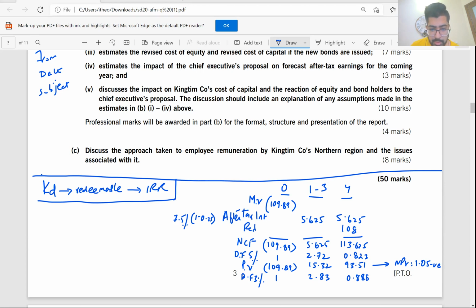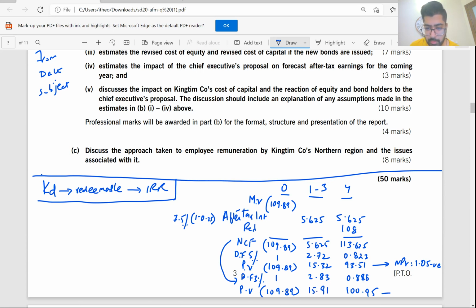So once this net cash flow is multiplied by the new discount factor, you get another present value: 109.89 negative, 100.95 positive, and 5.625 into 2.83, 15.91 positive.